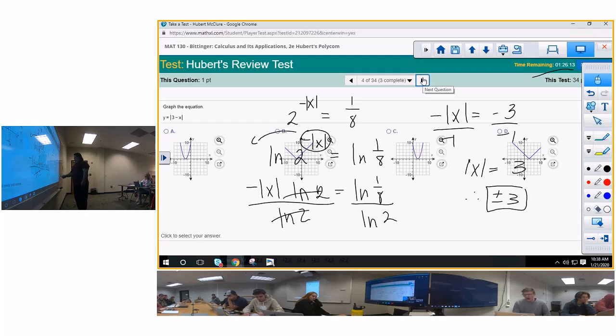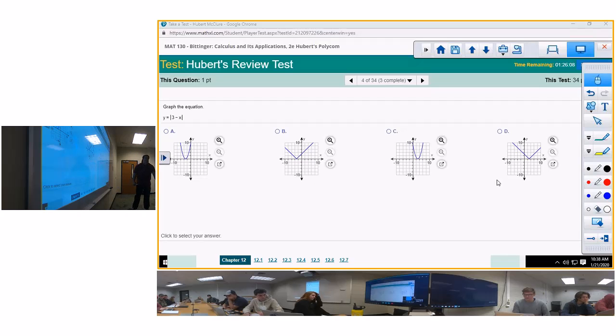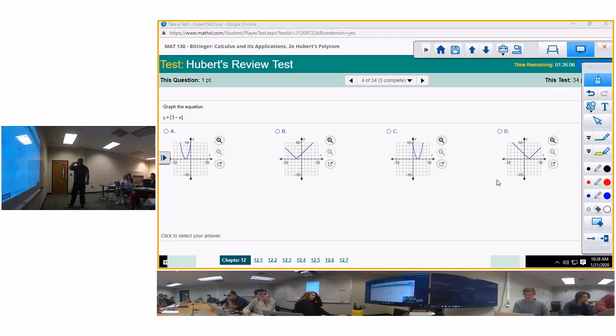Okay, do you need to use a calculator here? No. You should not use a calculator. Somebody tell me which one it is not. It's not the curve, it's not the parabola.